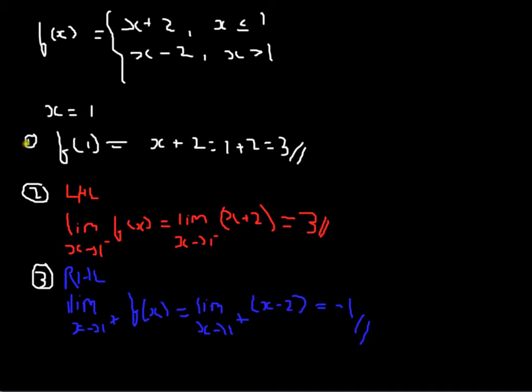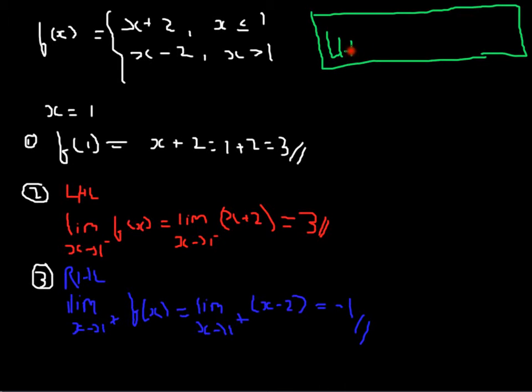Now we have the value of f of 1, the LHL and the RHL. Now we know that for a given function to be continuous, what is the rule? The LHL should be equal to the RHL should be equal to f of a.